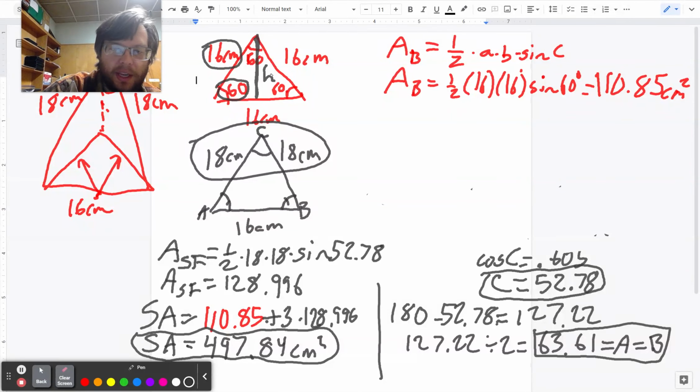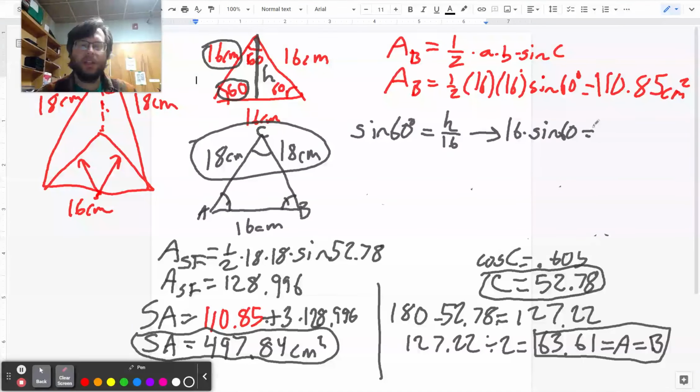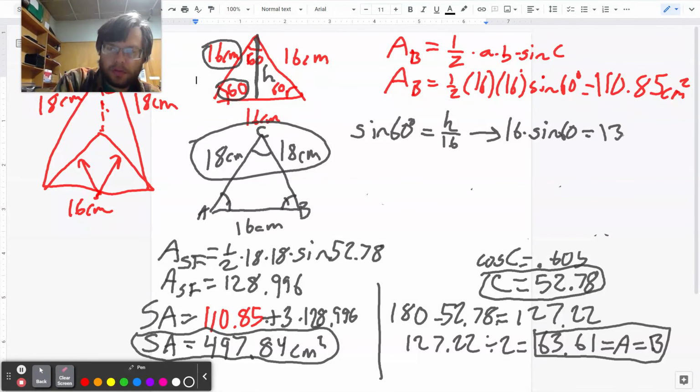I'll call that little h. So sine of 60 degrees equals little h over 16. So I just need to go 16 times the sine of 60 to get my little h. Gives me 13.86.